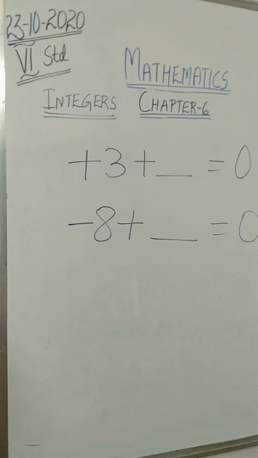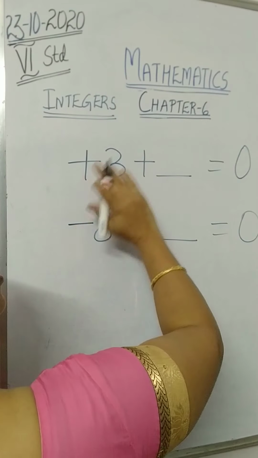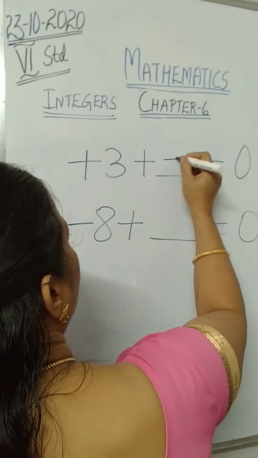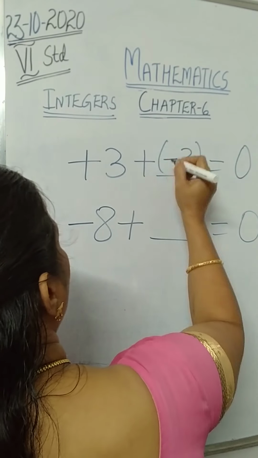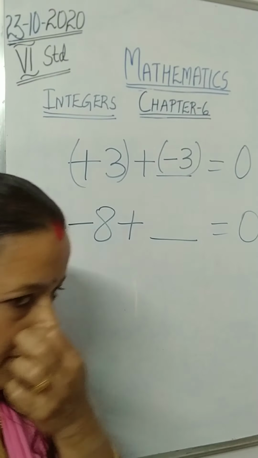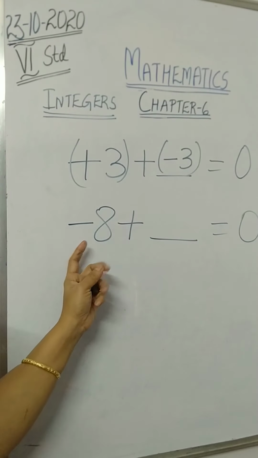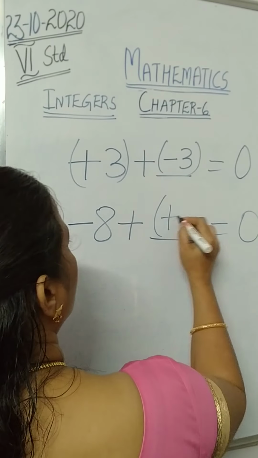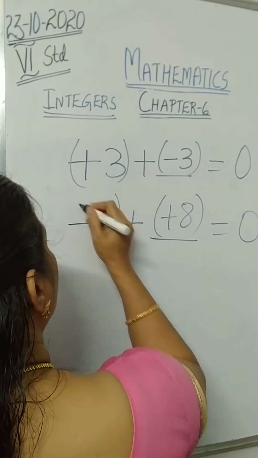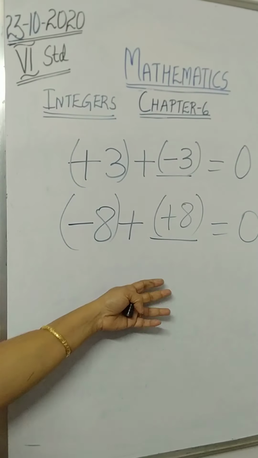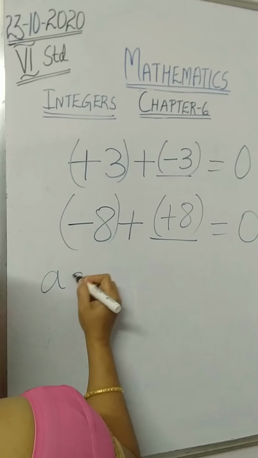Can you tell what can be added there? Yes, of course, the opposite sign of it. If a negative integer is added to a positive integer of the same number, we get 0. Yes, we call such numbers as additive inverse.